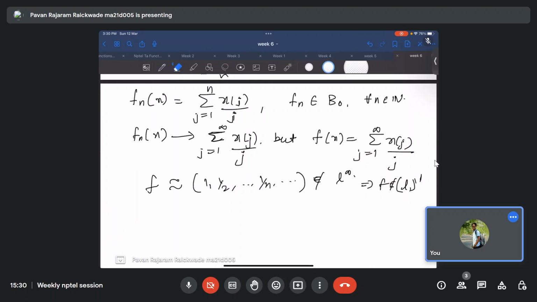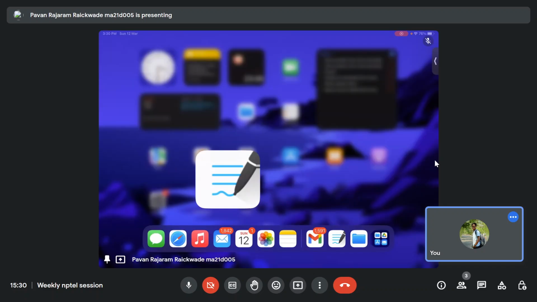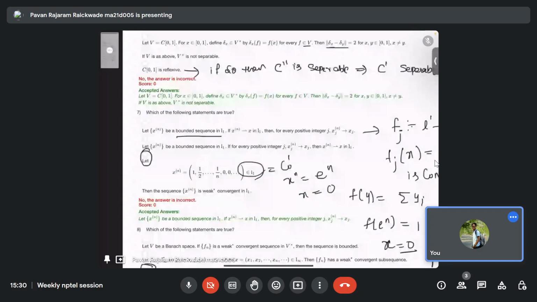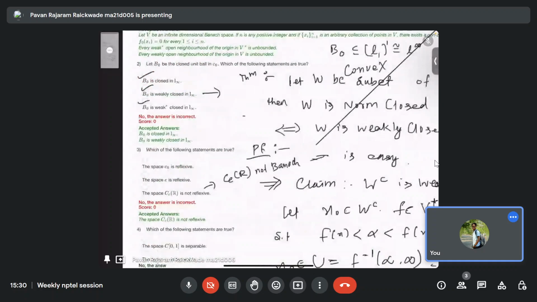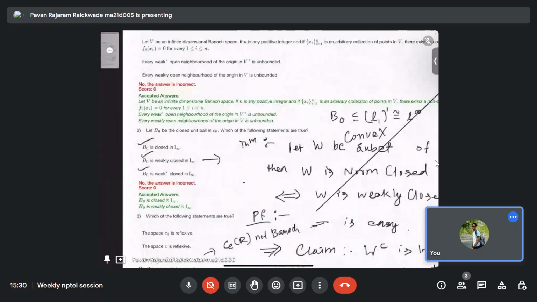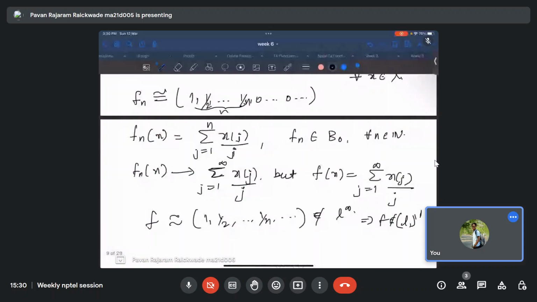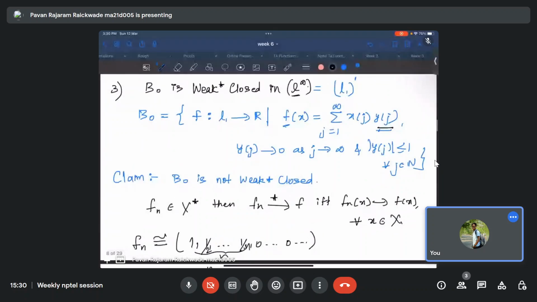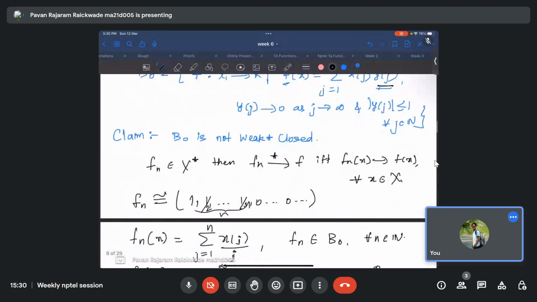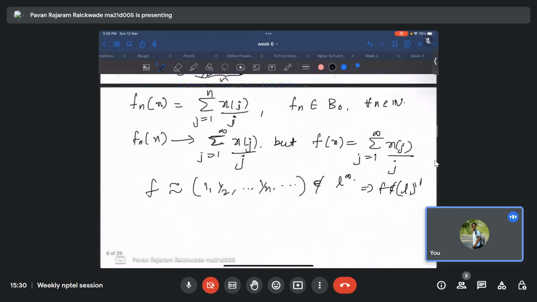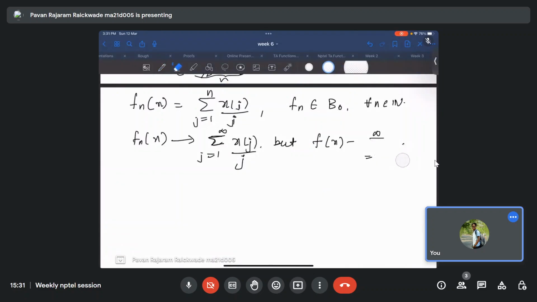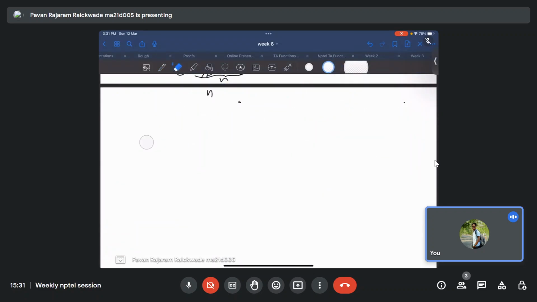Just a minute. This is not an example, not a counterexample. Think of some other counterexample.